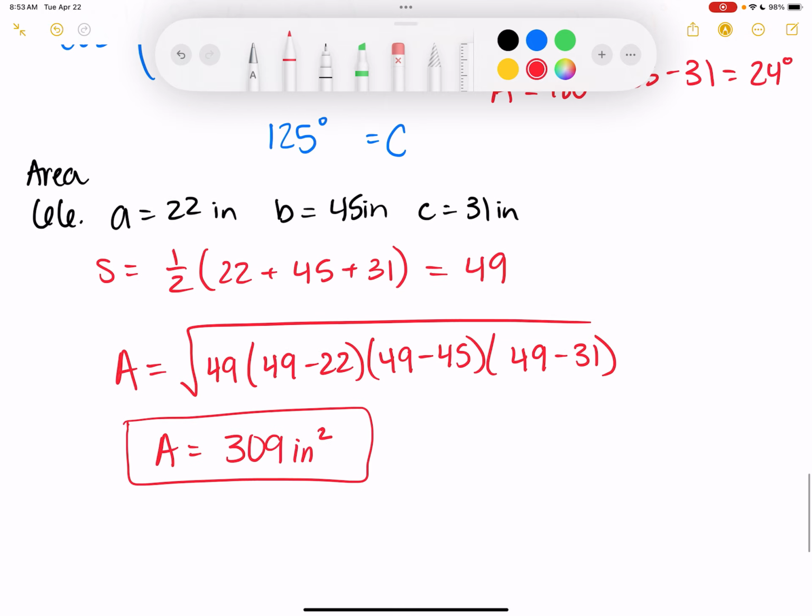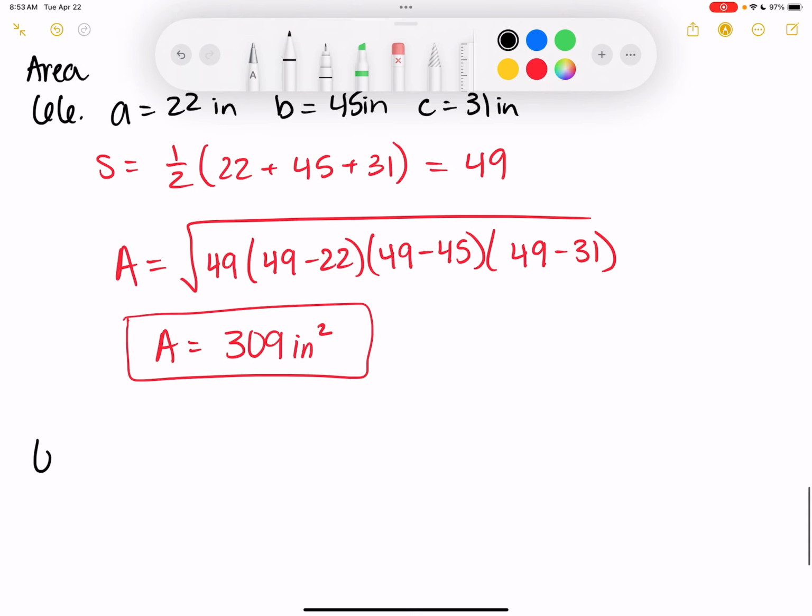Let's see, one more of these. All right, I'm going to modify the numbers a little bit on 68 because I don't want to use decimal numbers. So I'm just going to round them to their whole number.